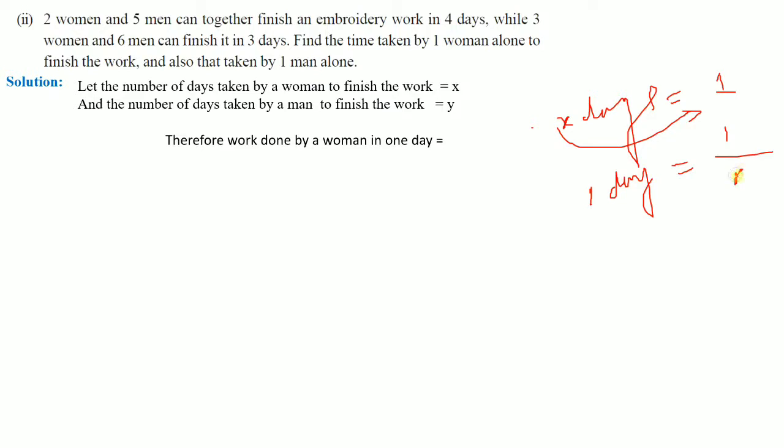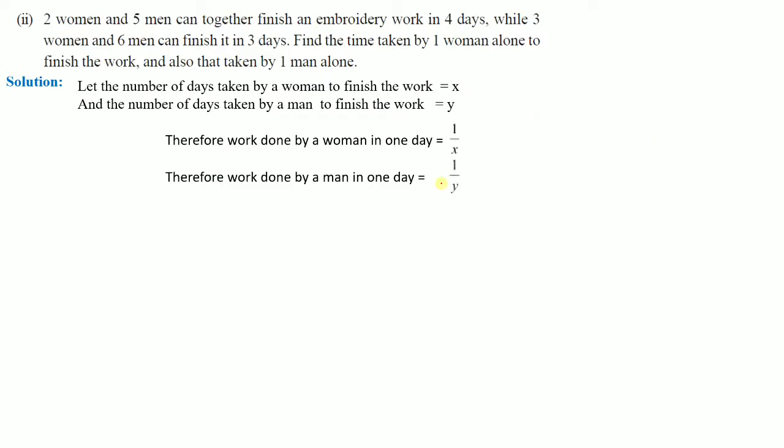So 1 upon x. Then similarly, work done by a man in one day equals 1 upon y.